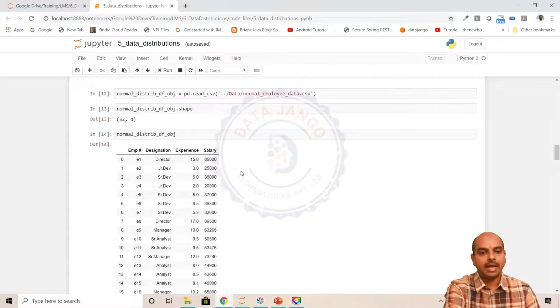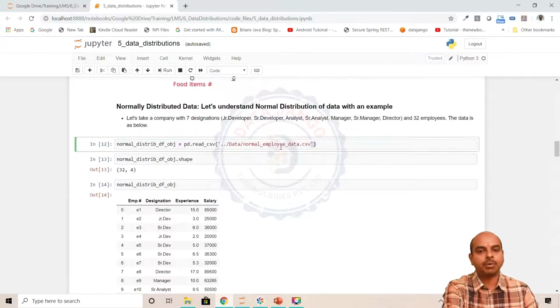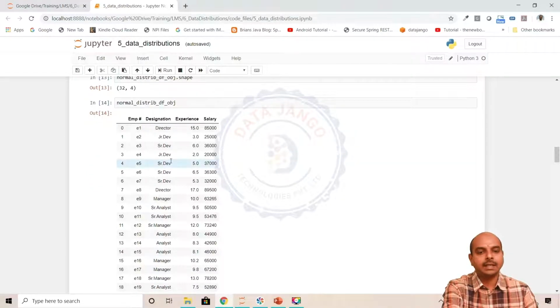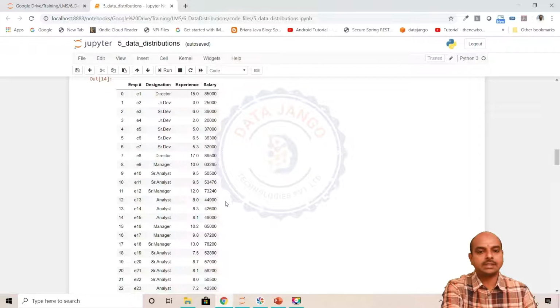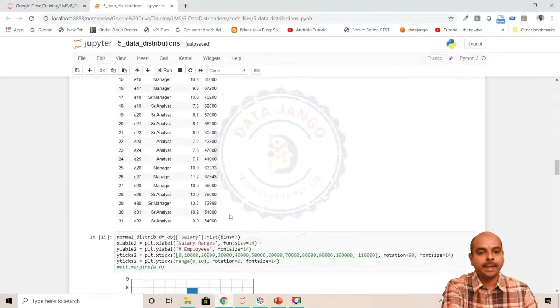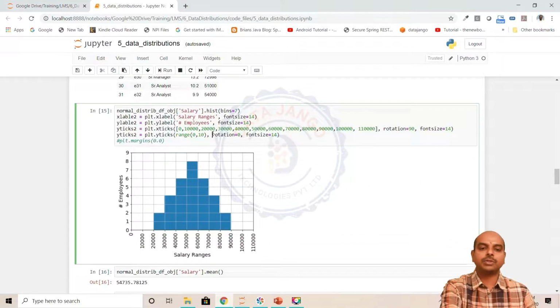So here I have taken the employee data set, the experiences and salaries, and then we are trying to plot a histogram here.